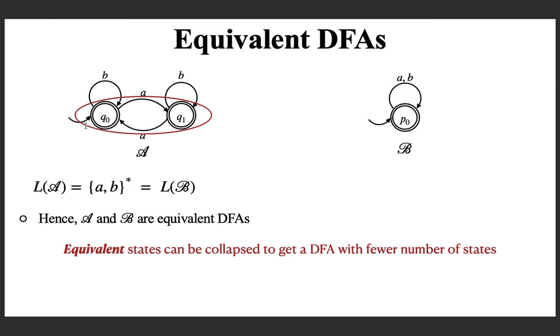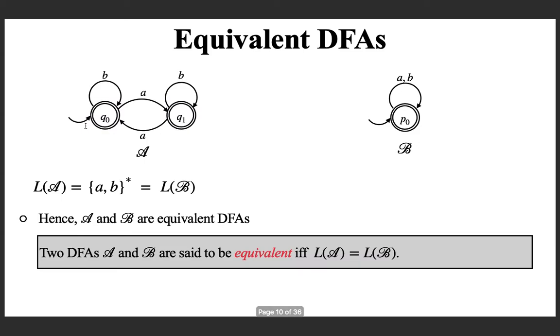Later we can see what are equivalent states, maybe in the next class. And so what we have seen is 2 DFAs, A and B, are said to be equivalent if and only if the language of the first DFA and the language of the second DFA are the same. So that is DFA equivalence.